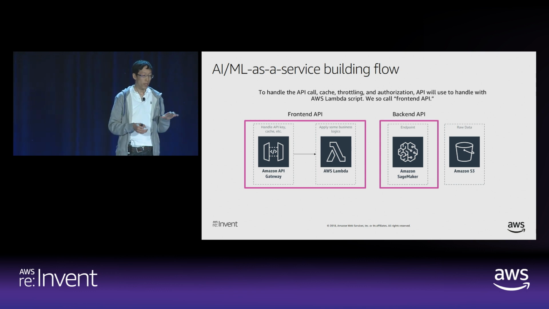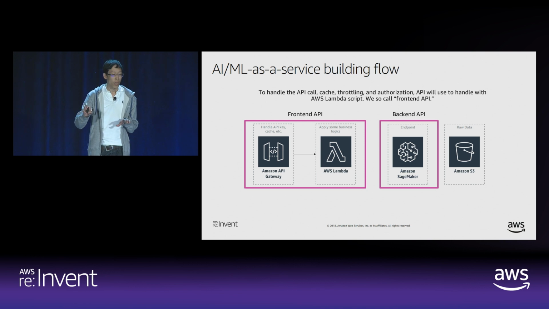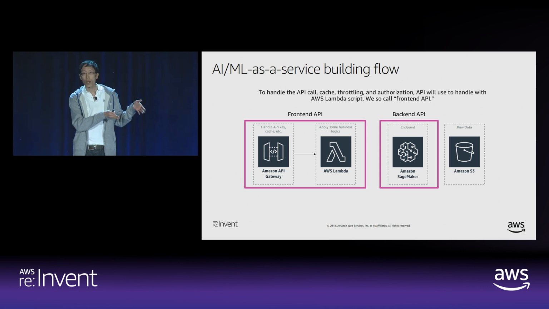And also after the API gateway, we implement the Lambda. With Lambda you can do the transformations of the data, the input and output, and also you can do some business logic inside the Lambda, right?